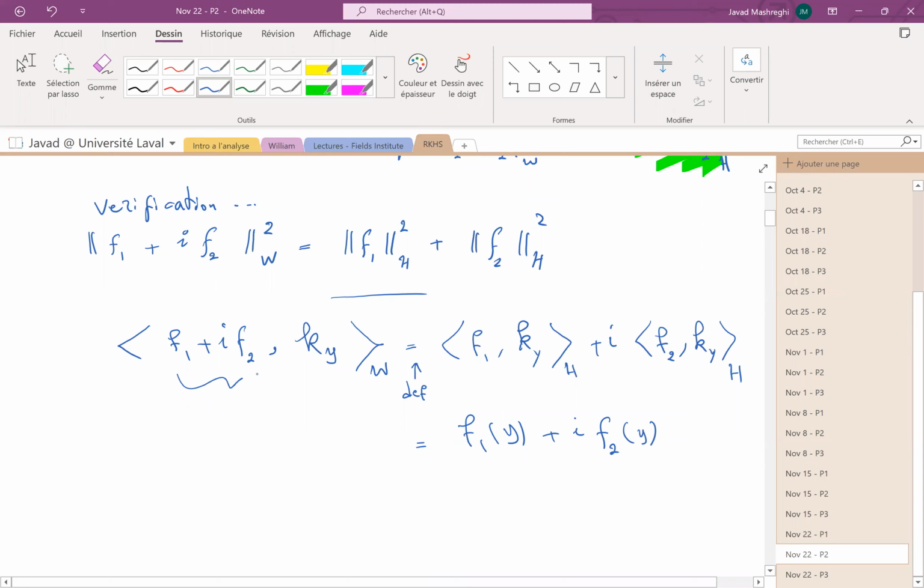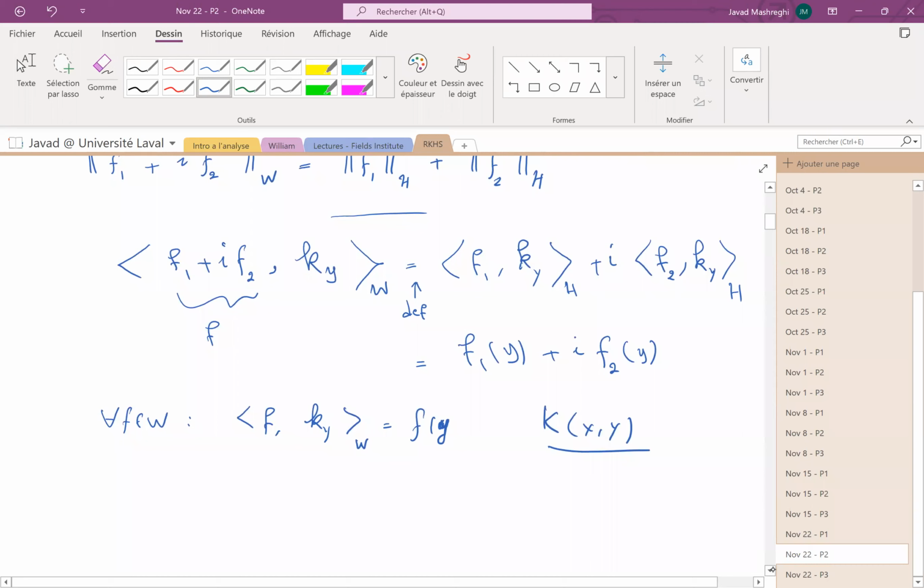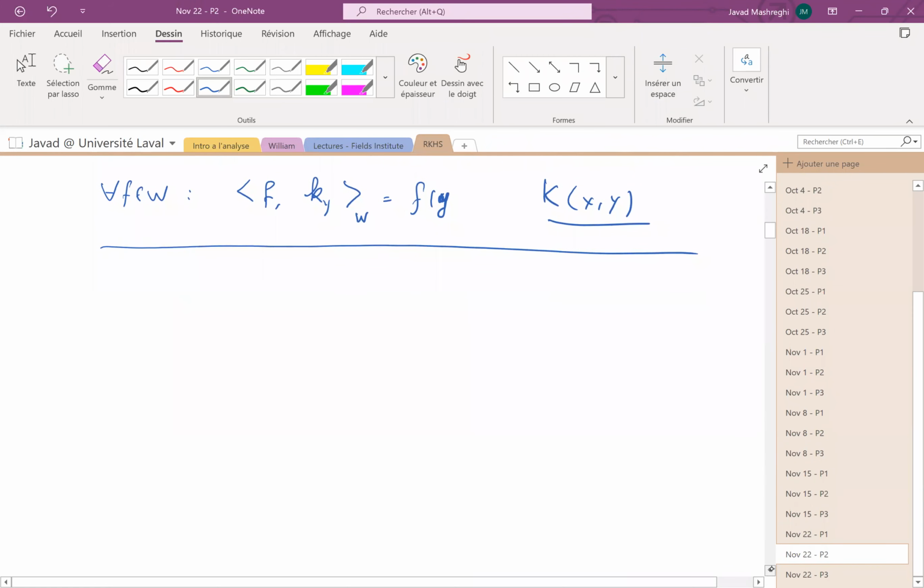So in other words, if I call this function f, for any f in W, the inner product of f with k_y is f at point y. The kernel doesn't change. It is the same. We have the same K as before. It's just the space which is complexified. So this is something very standard that we do in other contexts too. That's in the context of RKHS.